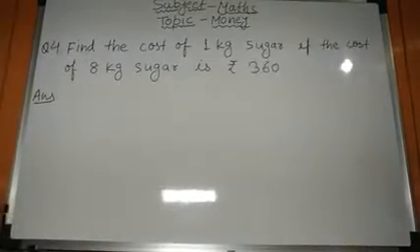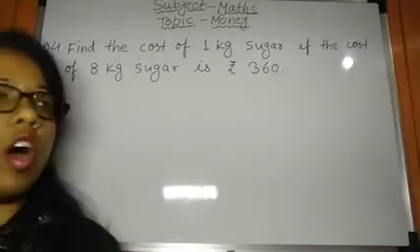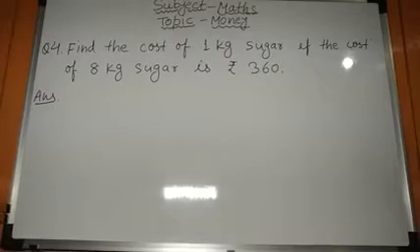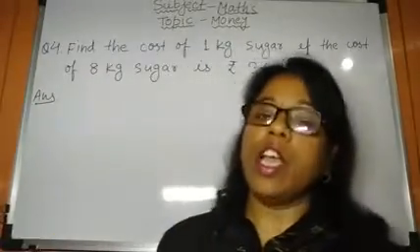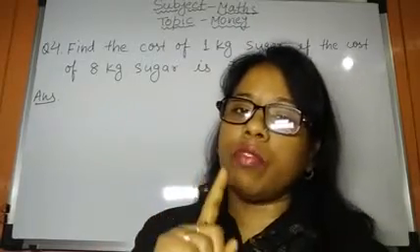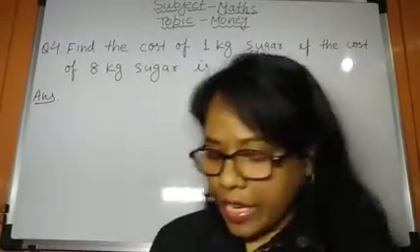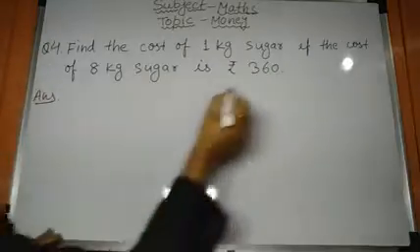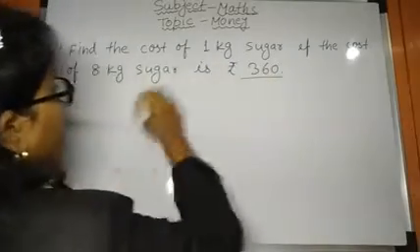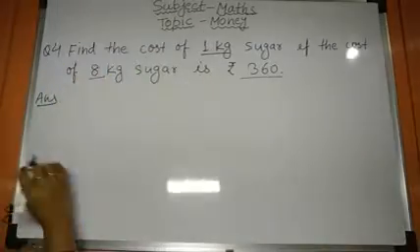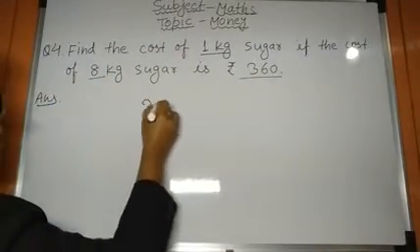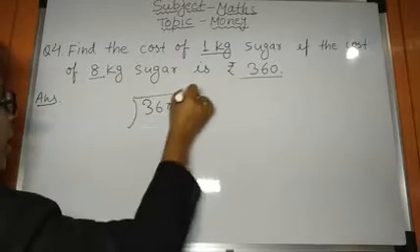Now the next question is, find the cost of 1 kg sugar if the cost of 8 kg sugar is rupees 360. So we have to find the cost of 1. We will divide here. What are the keywords here? Rupees 360, here 8 kg, here 1 kg. So rupees 360 should be divided by 8.